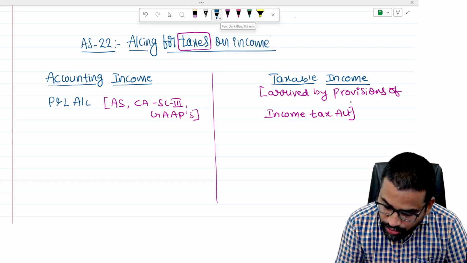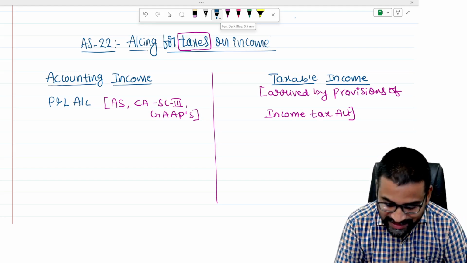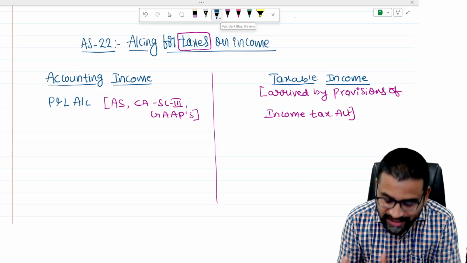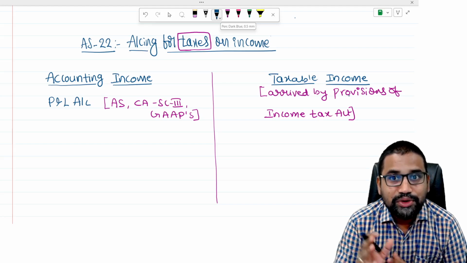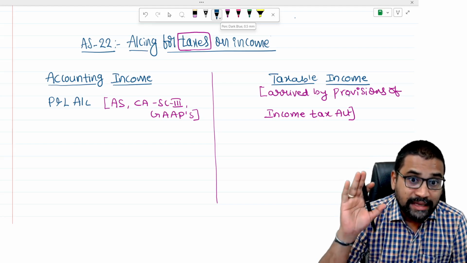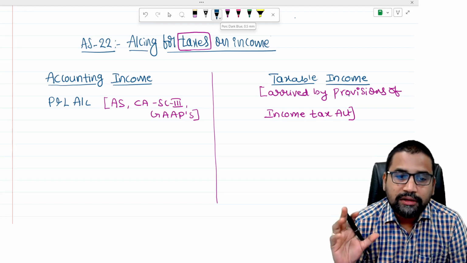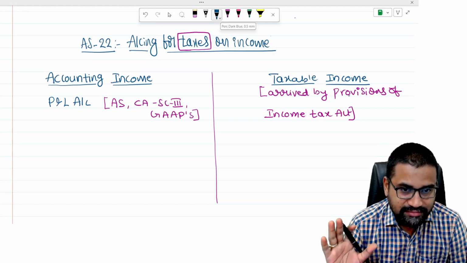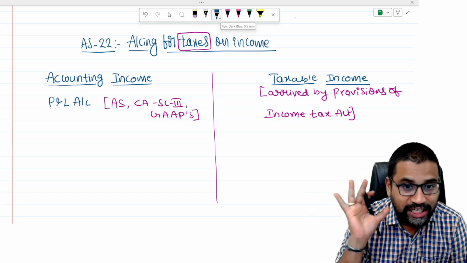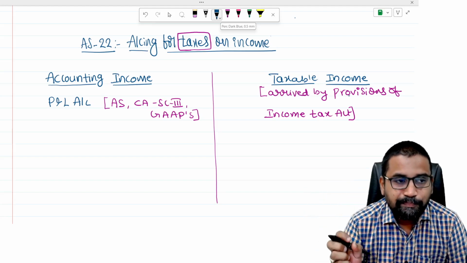Okay. So now the question is, listen. First I am explaining the difference between accounting income and taxable income. So now you understood. Every business entity will prepare financial statements, P&L account, accounting income, net profit, nothing but.